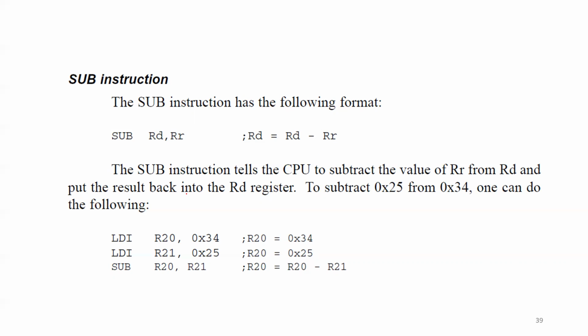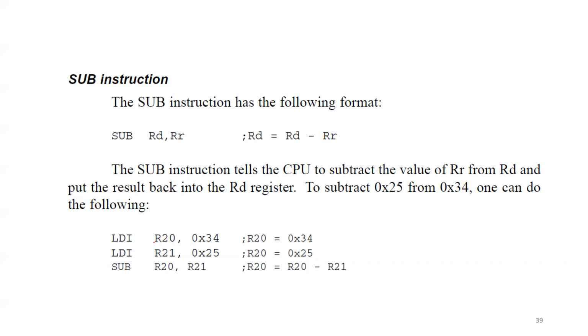For instance, let's see an example here. The sub instruction tells the CPU to subtract the value of RR from RD and put the result back into the RD register. To subtract 25 hexadecimal from 34, one can do the following.